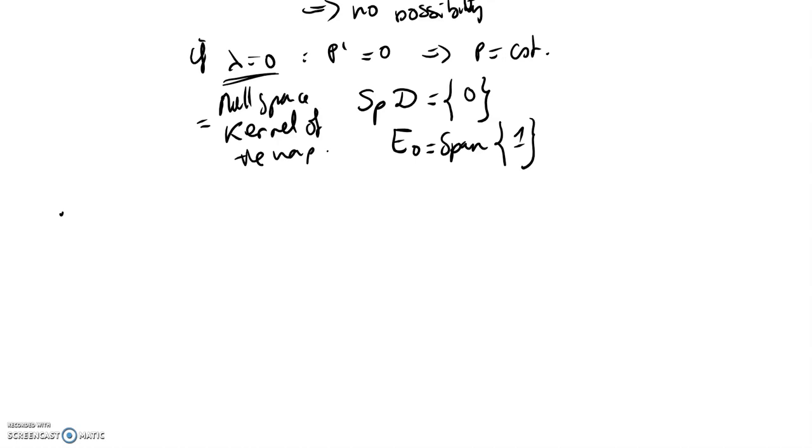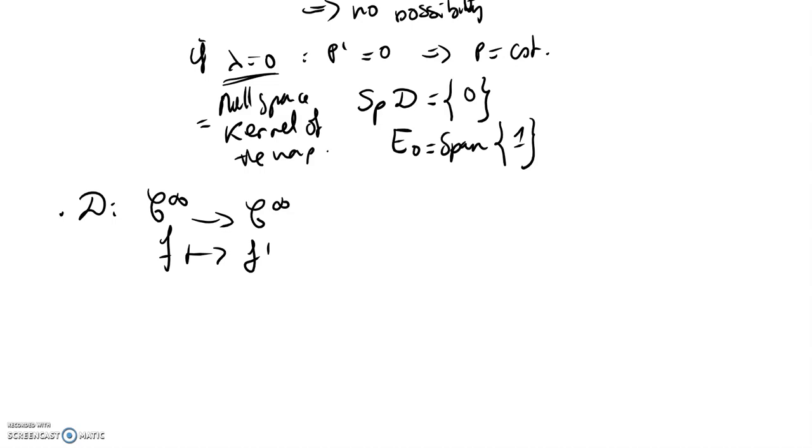All right. Now let's consider the same map D, but from C infinite functions to C infinite functions. Functions indefinitely differentiable, so that for any function it associates its derivative. Same question, what are the eigenvalues?